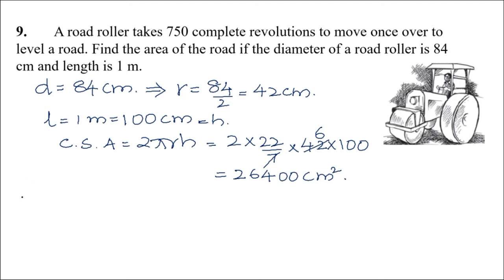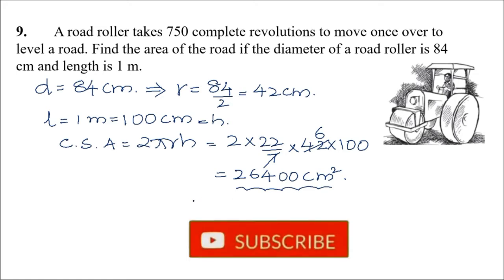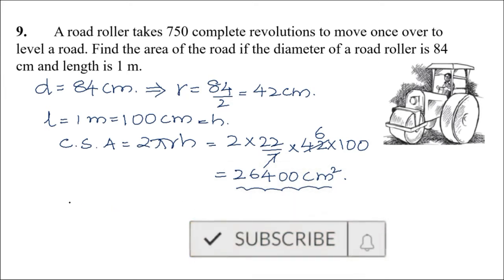Here, the area covered by the road roller in 750 revolutions is to be found. So this is for one revolution. The curved surface area will be the same as the area covered in one revolution.